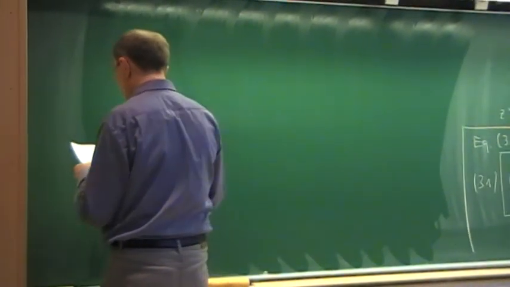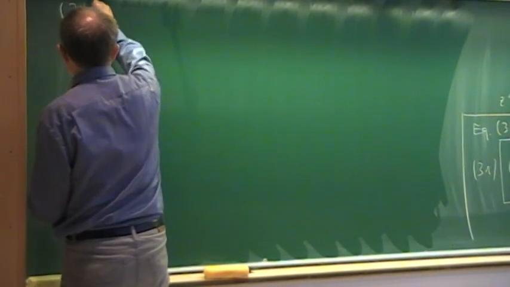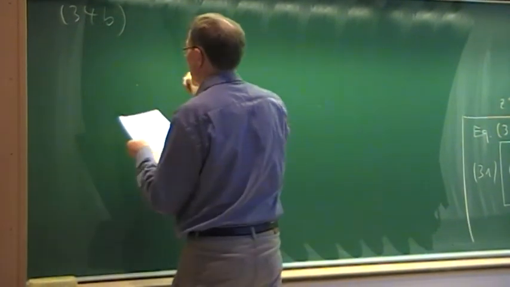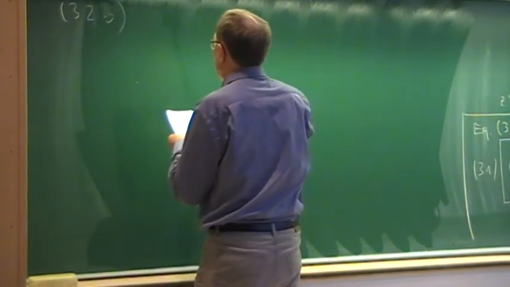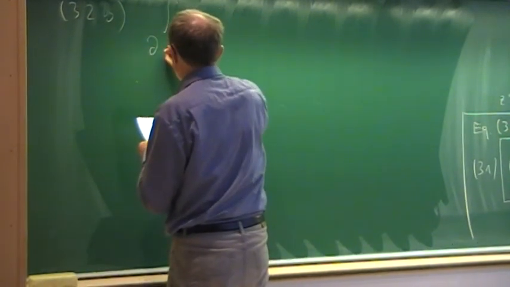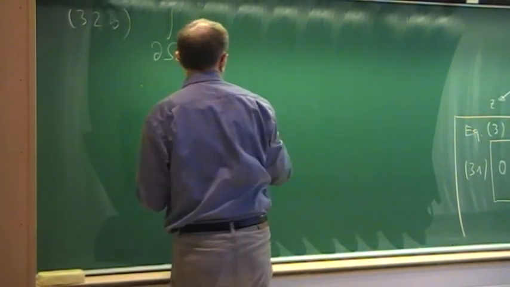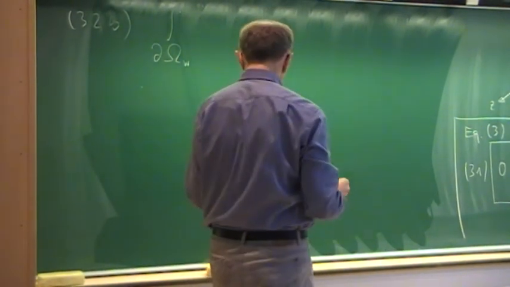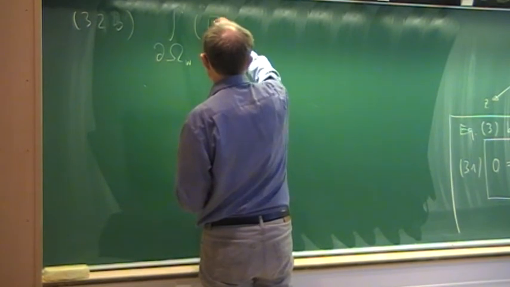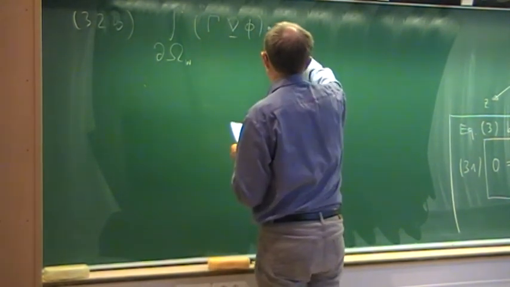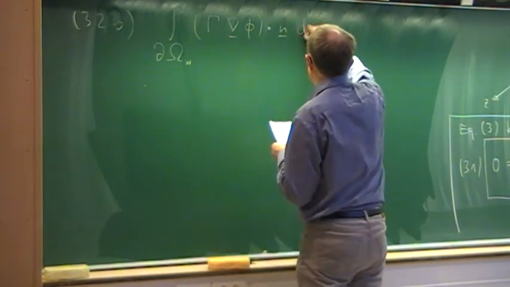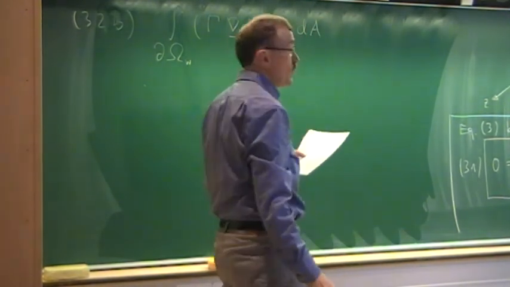And we shall now do the same thing for the other faces. So that is then 32B. There we have to consider the integral over the western face of the control volume. Again, we have the diffusion coefficient, gradient of phi in a product with the outer unit normal vector n, and we have the surface integral.